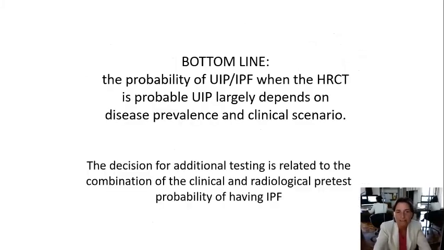So basically, the bottom line is that when you have a probable UIP, the probability of having IPF really depends on disease prevalence in your population and on the specific clinical and laboratory scenario of the patients you're facing. So the decision for additional testing in patients with a probable UIP pattern really depends on clinical information and rests in pulmonologists' hands.